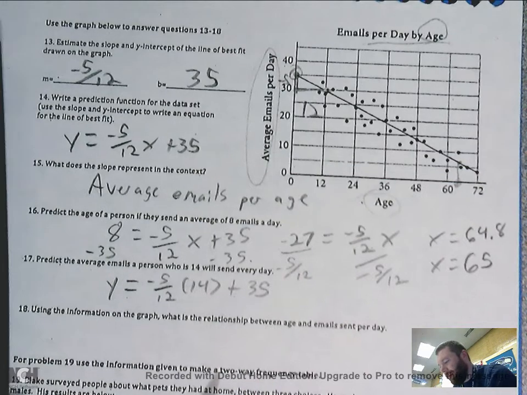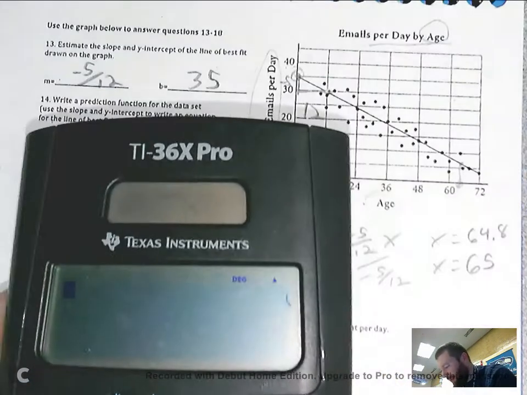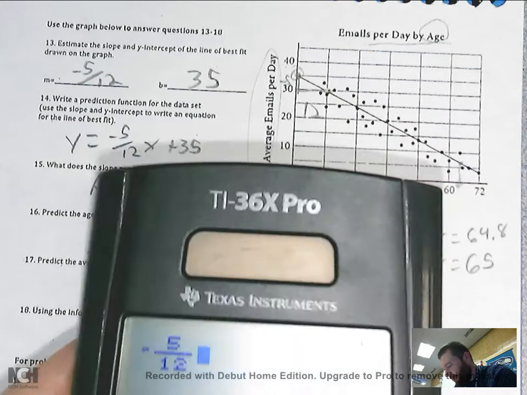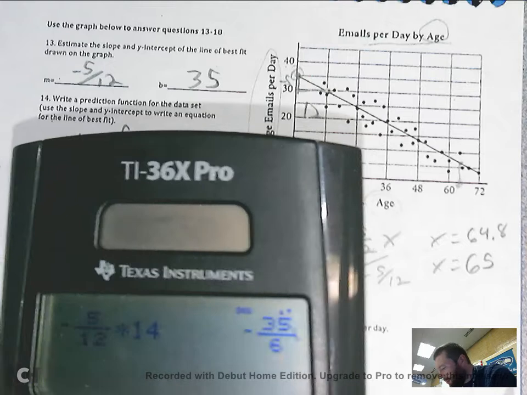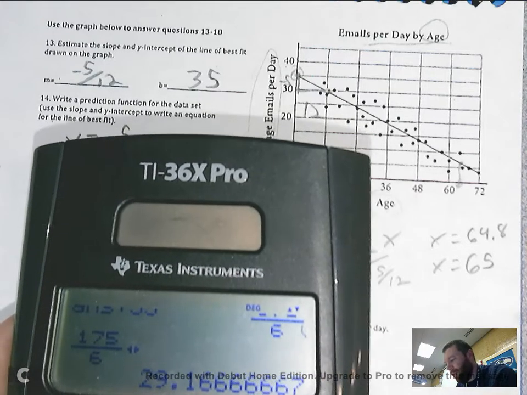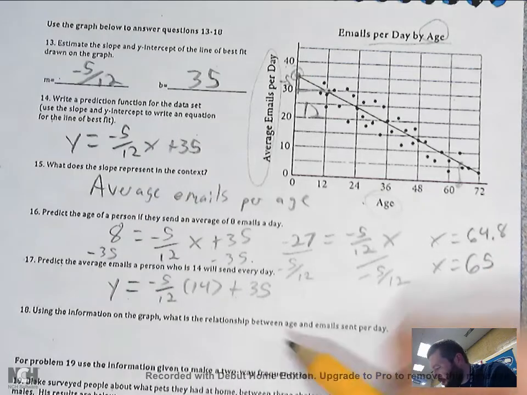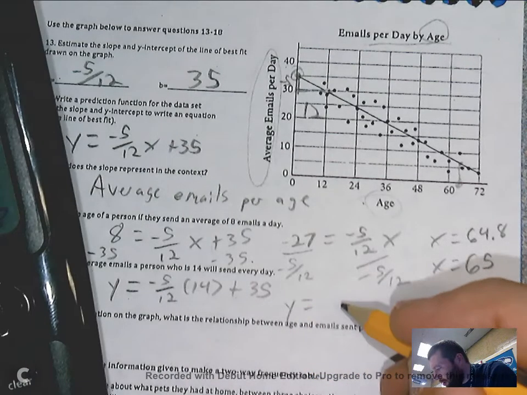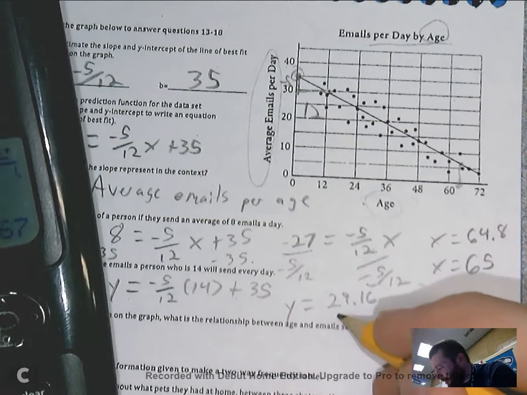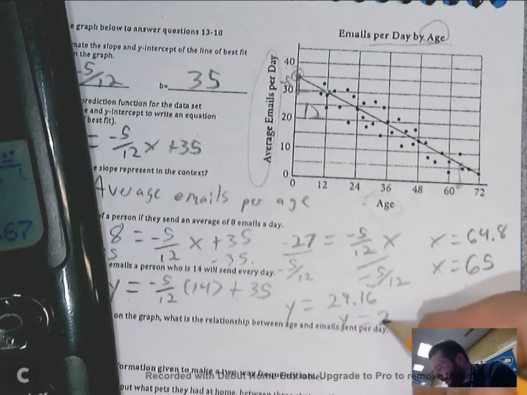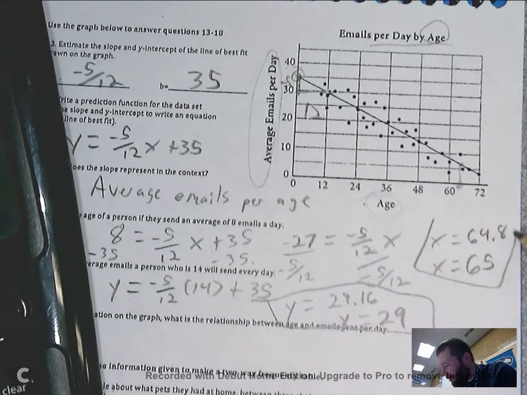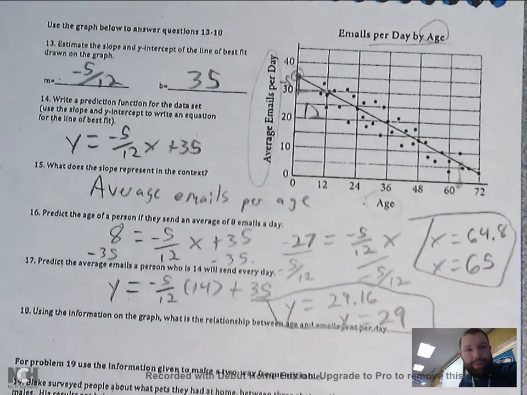And then you just plug that into your calculator. So negative 5 over 12 times 14 plus 35 is going to be 29.16 repeating, or as the nearest whole number, that would be about 29 emails. Okay, so again, either answer would be acceptable there.